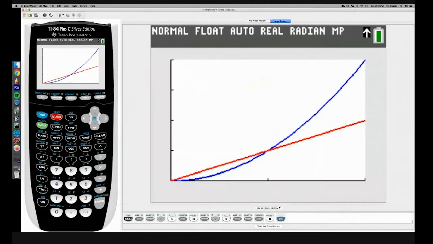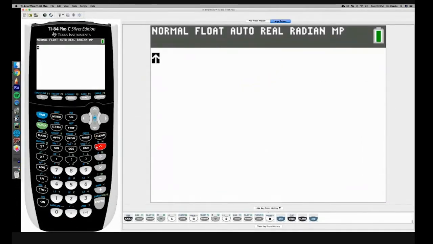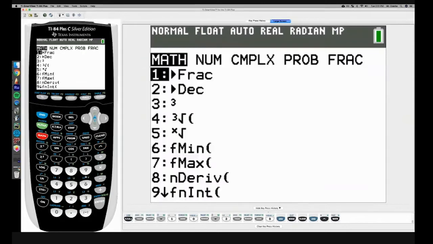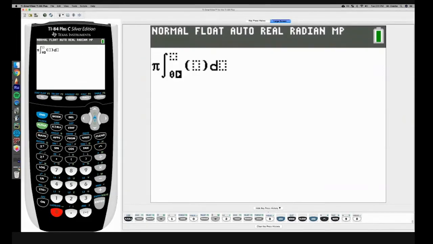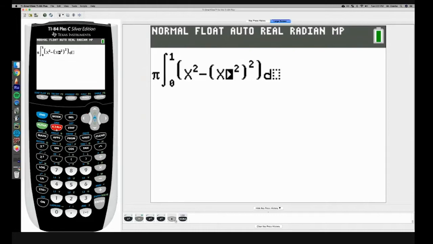All right, so I'm going to quit out of here. Now if I do pi times math 9 from 0 to 1 of x squared minus x squared, oops, that's not going to work, x, and then with respect to x, it should all work out.